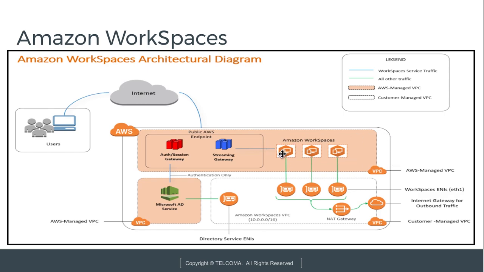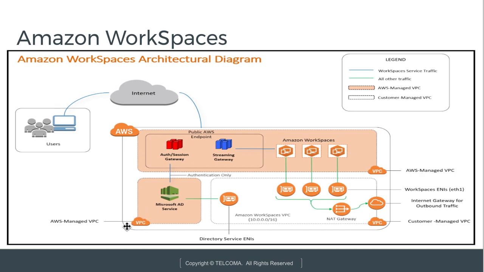Now these are the WorkSpaces. We have a streaming gateway and an authentication or session gateway. This is connected for authentication with Microsoft Active Directory Service, which is in a virtual private cloud managed by AWS. As we can see, these are all services provided by AWS.